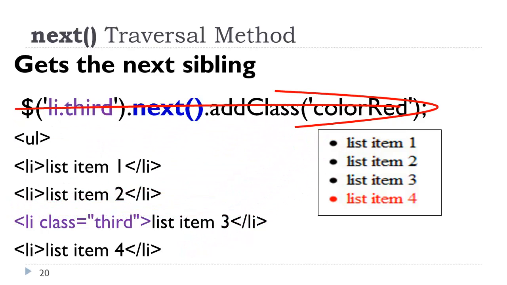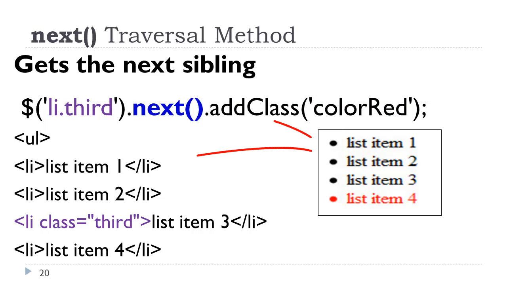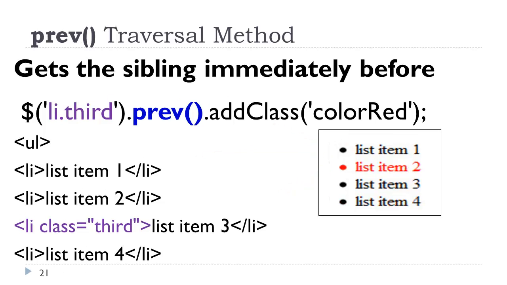So in our jQuery statement, our selector is li.third, that's the class, .next. That's the next sibling, which would be the 4th LI, list item 4, addClass color red. And if you look at the output there, you can see that indeed it has turned red. So next is a nice easy way of getting to the next sibling.